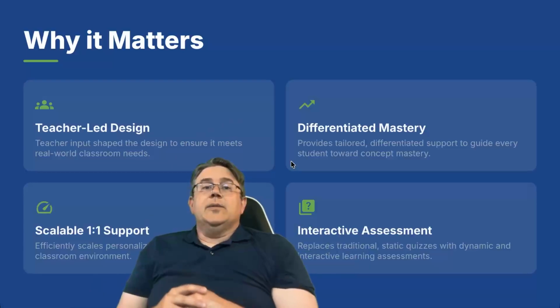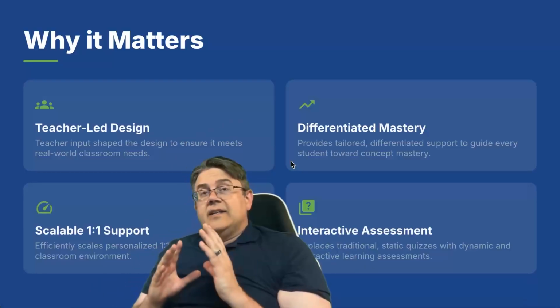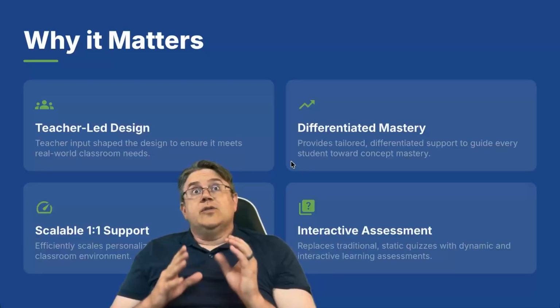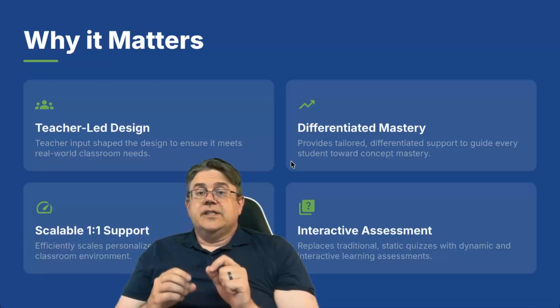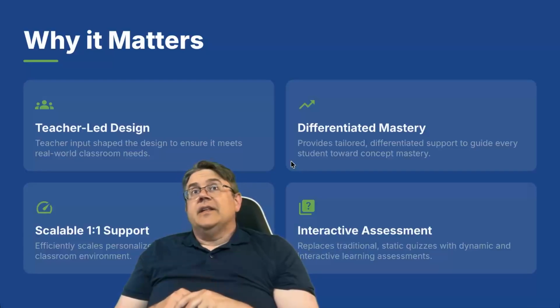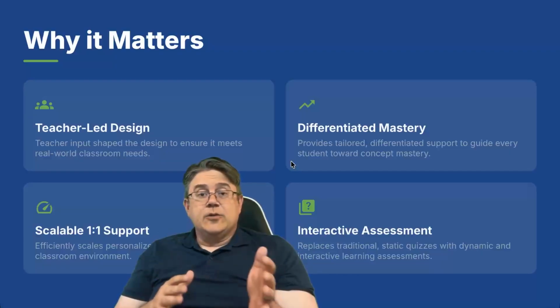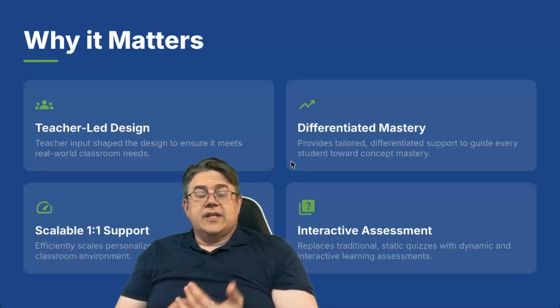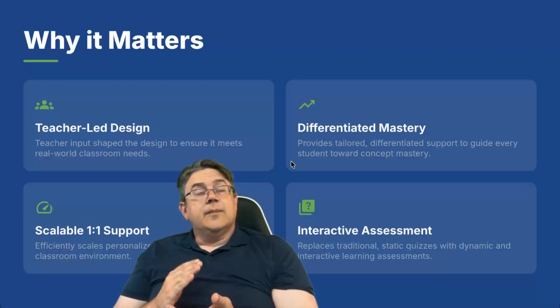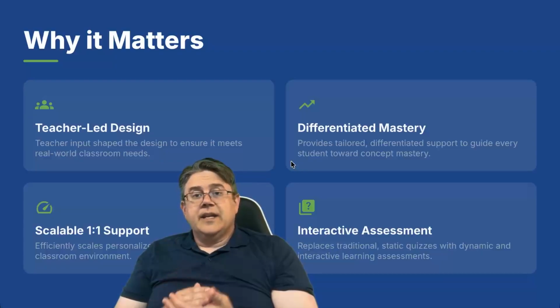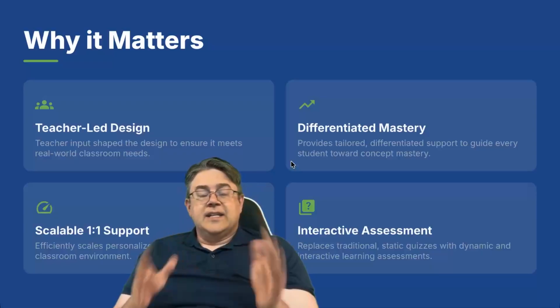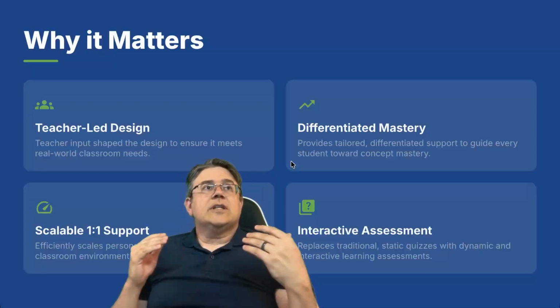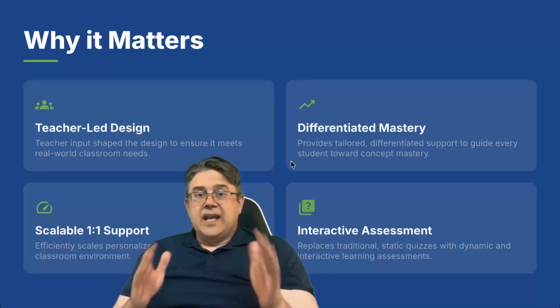Now, so why this matters. What I wanted to do was work with other teachers. So this is not just something that I did by myself. I mean, I did the technical work, but the other teachers were the science teachers. I intentionally chose a topic or a subject that I am not certified in. So I sent out initial surveys to those teachers, asking them if there was an AI Socratic teacher.